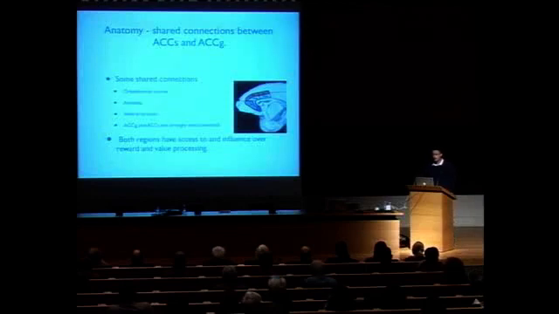But they themselves share one of the densest connections that you can find anywhere in the brain between the gyral and the sulcal portion of the anterior cingulate cortex. So reward and valuation information is going to affect signals in both of these regions.